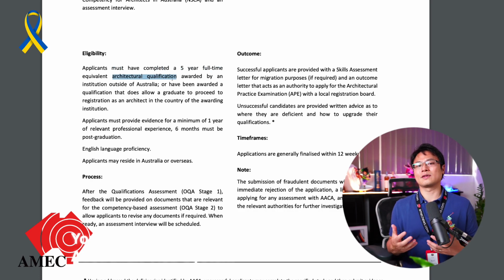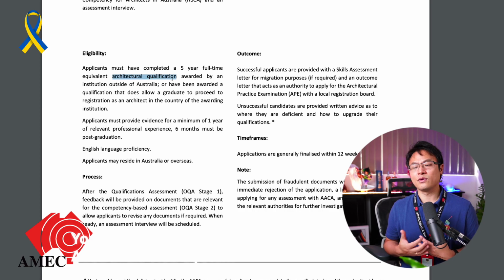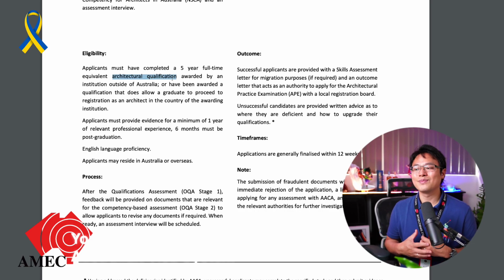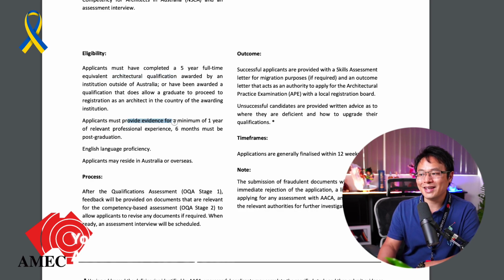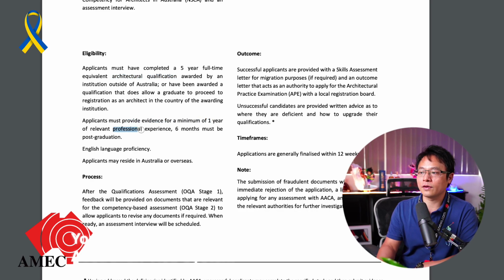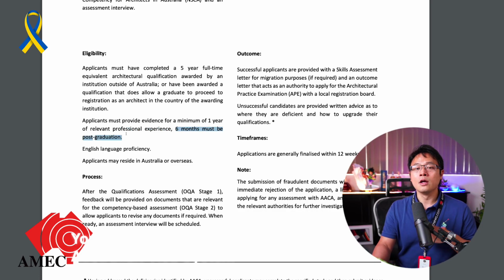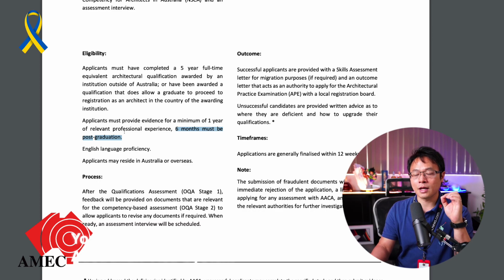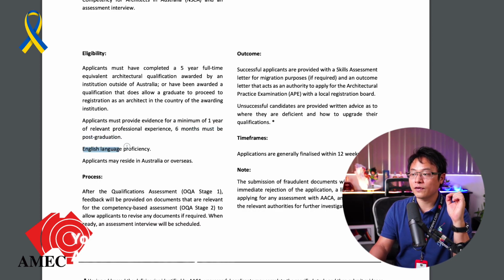So if you studied overseas, wherever you were, and you only did 4.5 years or 3 years, sorry, you probably won't meet this requirement. Applicant must have another evidence of a minimum of 1 year relevant professional experience. 6 months must be post-graduation. Now, those timings are actually embedded during your study as well, and English proficiency as well.